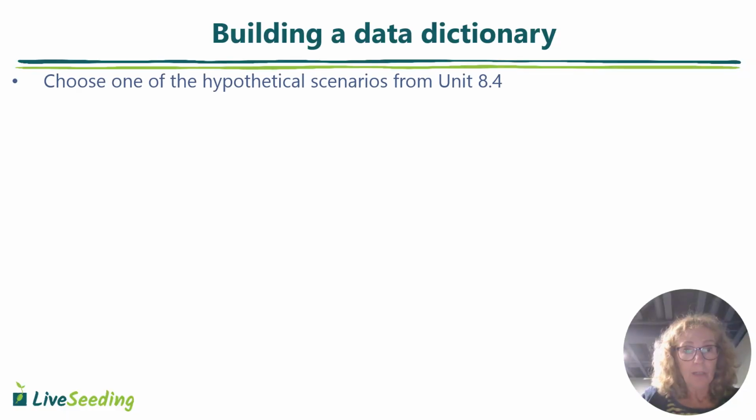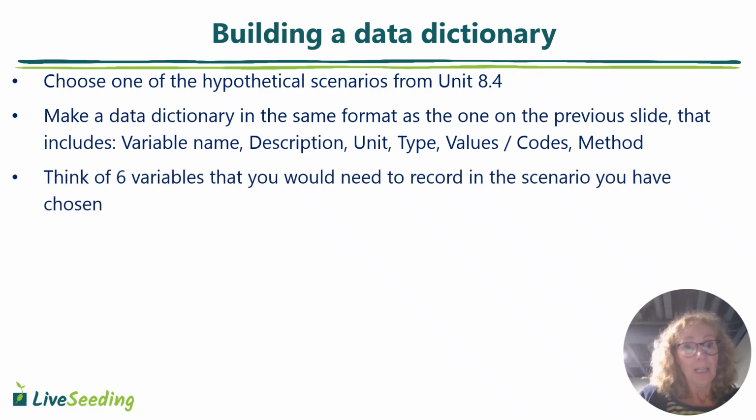As an exercise, I thought it might be useful if you went to that ICASA dictionary. Hopefully you've opened that hyperlink now, or you can in a minute when we take a break from listening to me, and go through this little exercise to become familiar with the ICASA data dictionary. If you took Module 8, Unit 8.4, you might remember we had some hypothetical scenarios of cultivar evaluation trials taking place in different places around the world.